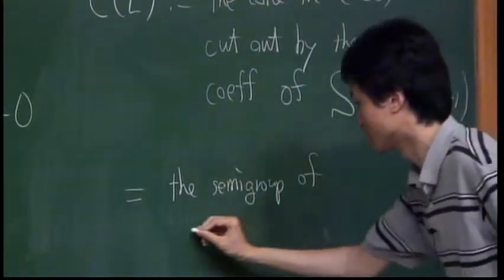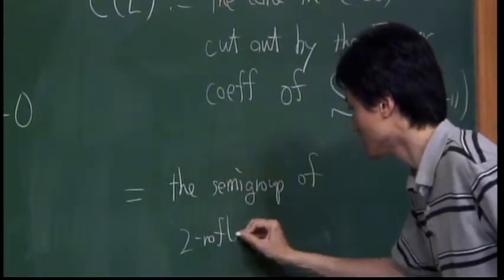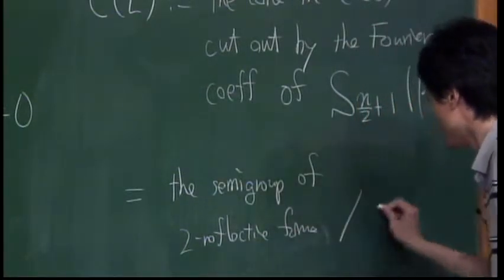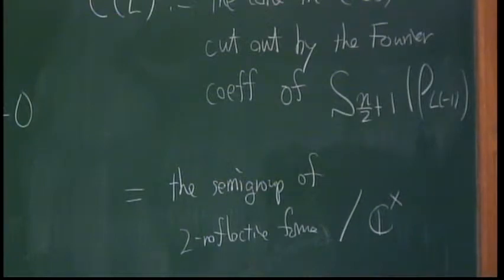of two reflective forms up to scalar multiplication.